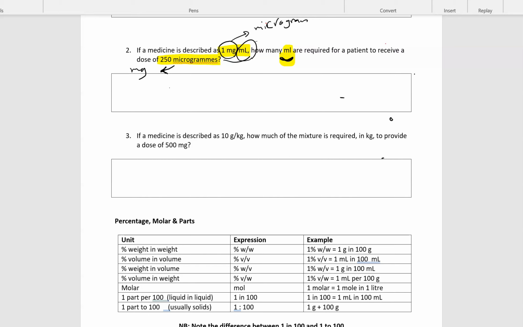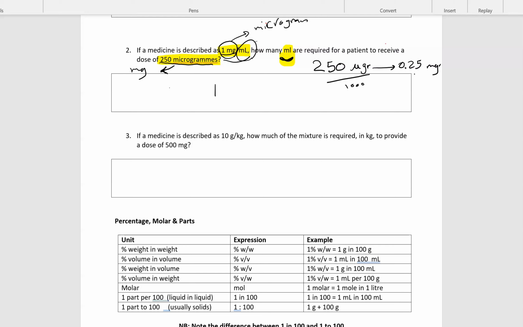Also, you can answer this question when you convert microgram to milligram. So 250 micrograms, if you convert it to milligrams, you have to divide it by 1000, and it would be 0.25 milligram.